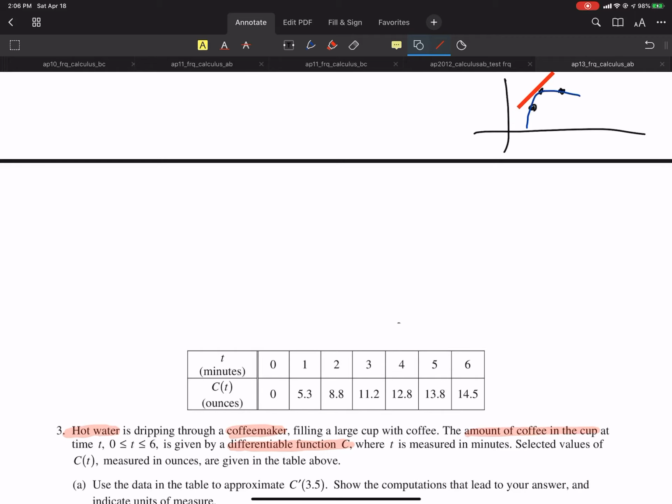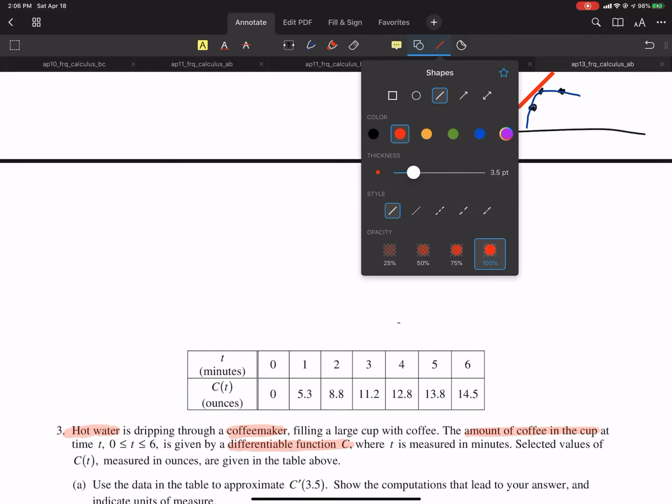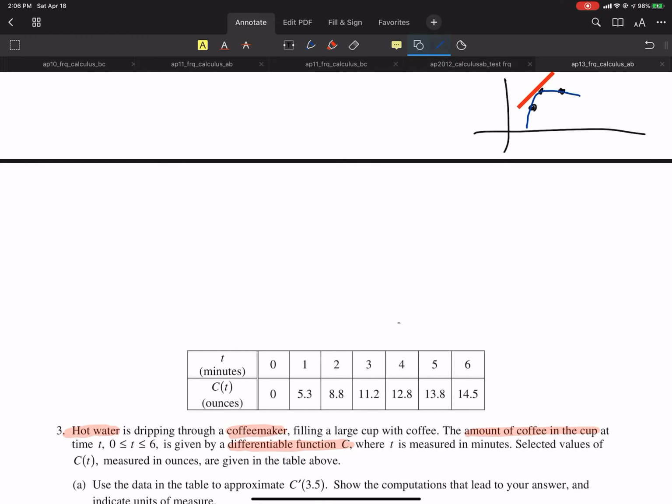That would be the derivative at that point. Well, since we don't know the actual function, we can't do that. So what we do is we draw a line between 2 points around it, find the slope of that line, which is known as the average rate of change, or the slope of a secant line, and that approximates the slope of the tangent line. So conceptually, that's what you should be thinking.